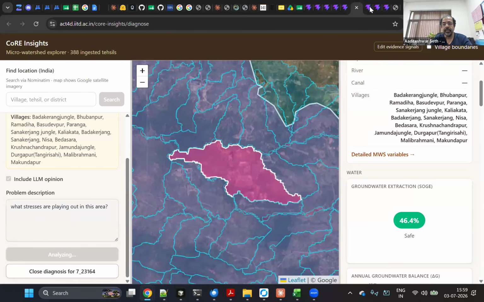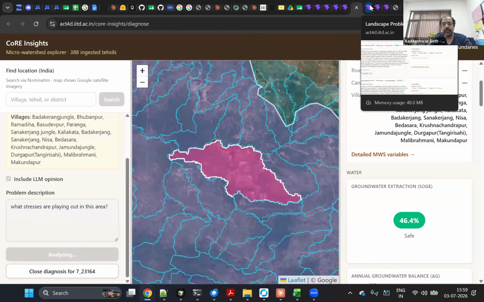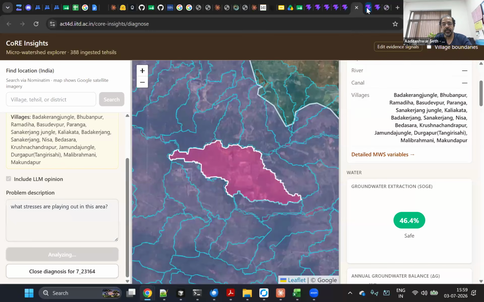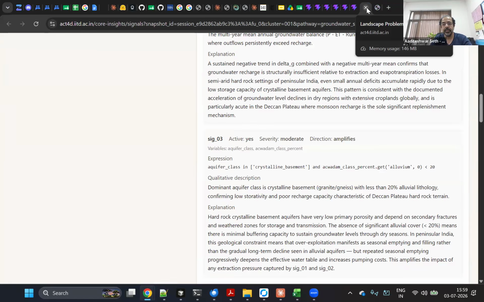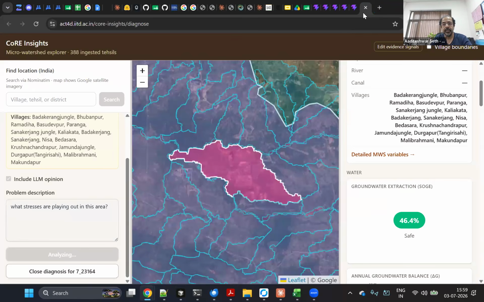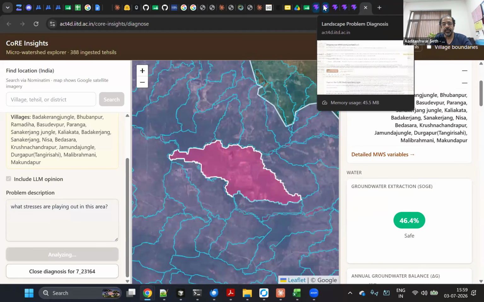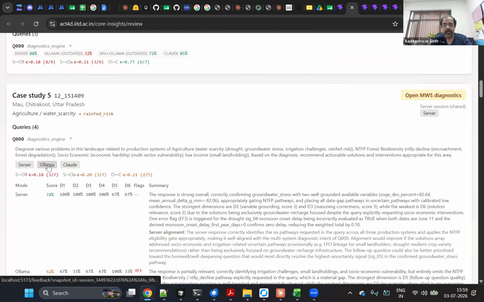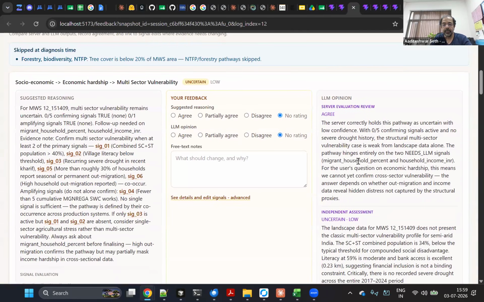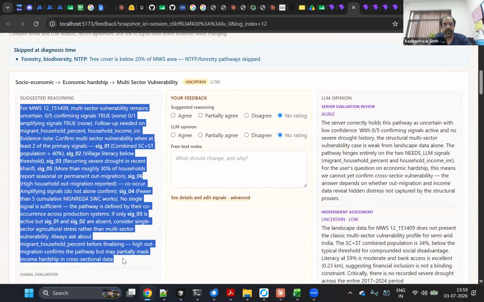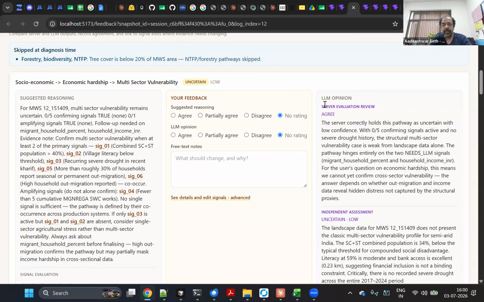Let me see if I can show you what that is. Okay, it should be here only, yeah. So this is the kind of opinion that it will give. This was based on the rules, the evaluation, and it also tells you whether the LLM agrees with this or not.